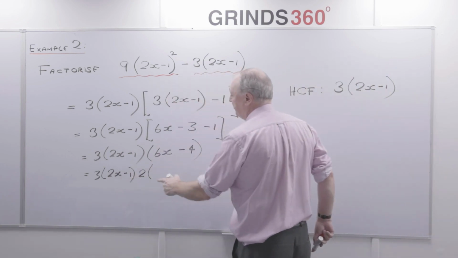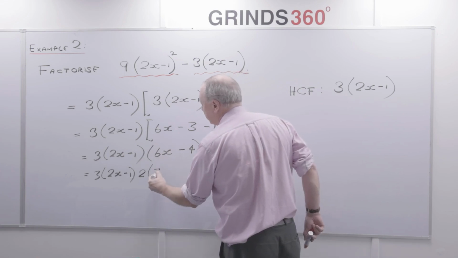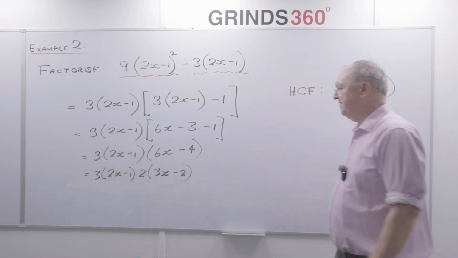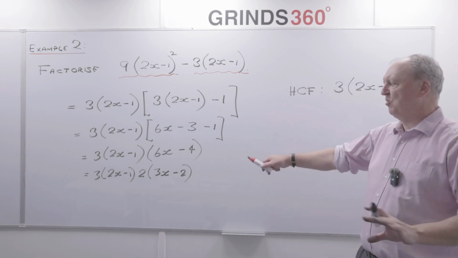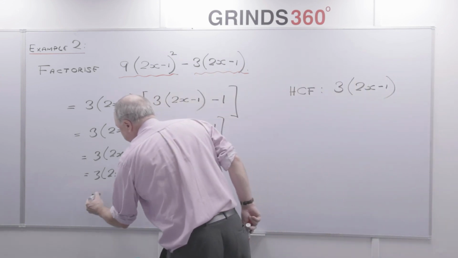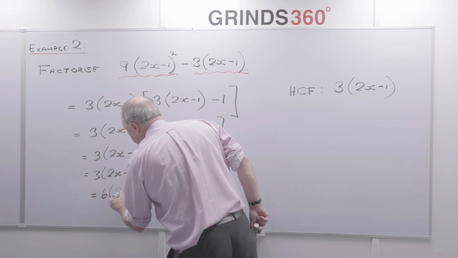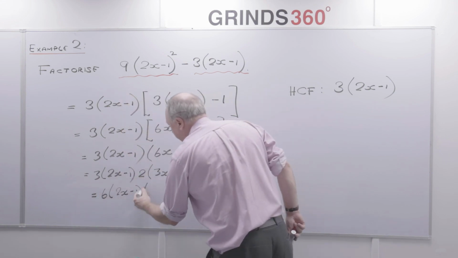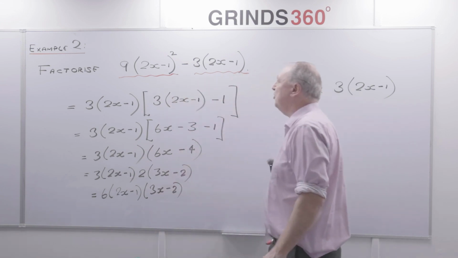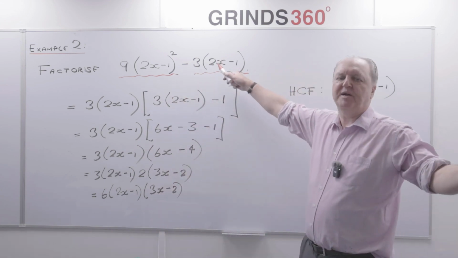So I'm left with 2 times (3x minus 2). Then finally, to finish it off, because it looks a bit weird like that, you can multiply the 3 by 2 together. So I will get 6 times (2x minus 1) by (3x minus 2). So I fully factorized that original expression.